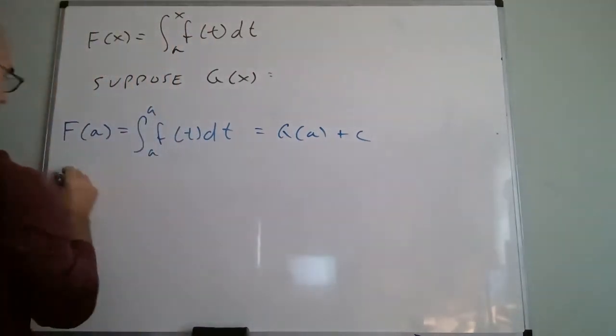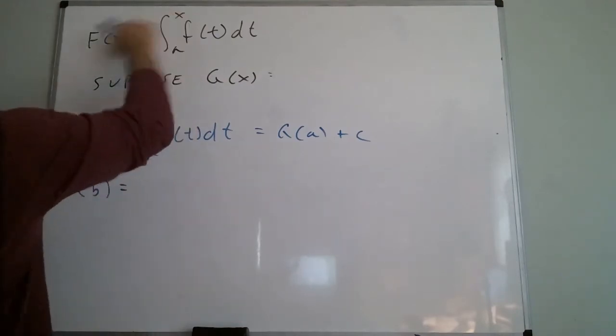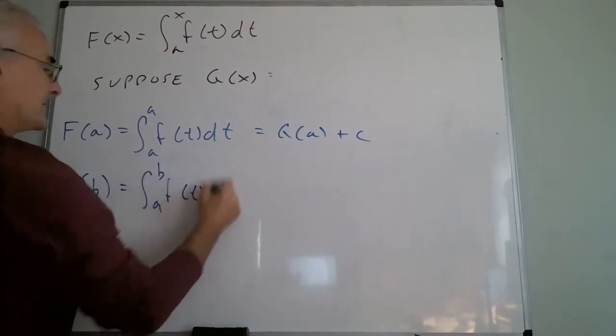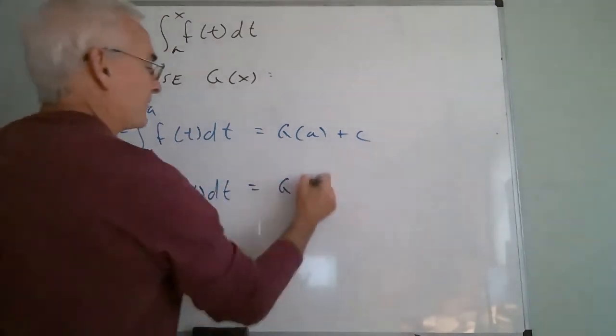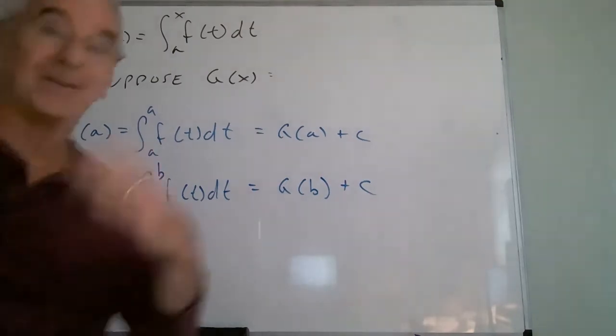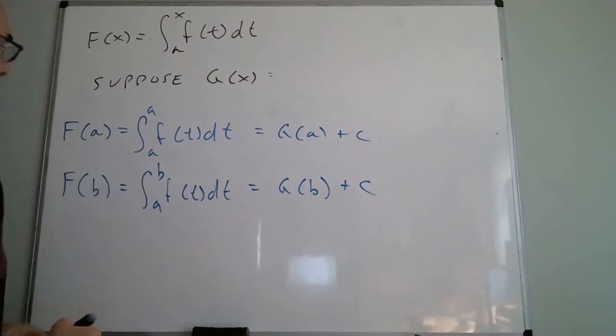What's F of b? That'd be the integral from a to b of f of t dt, which would be g of b plus a constant. G of a would be a scalar. G of b would be a scalar, right? G of x is a function. Okay, so far so good.